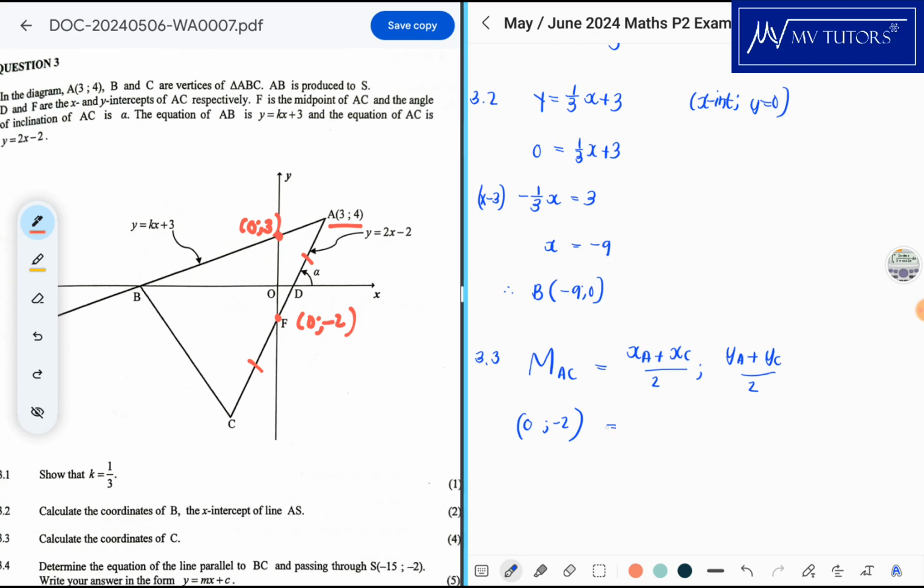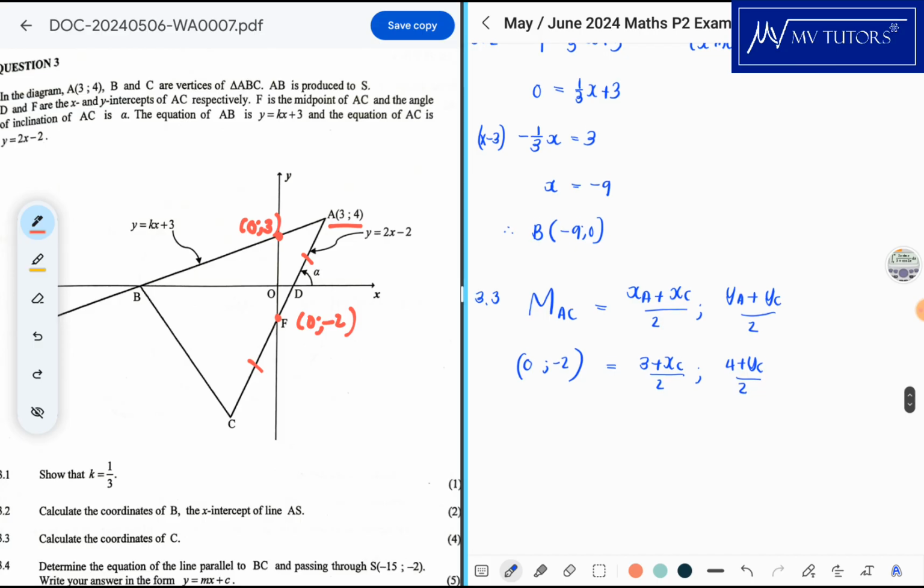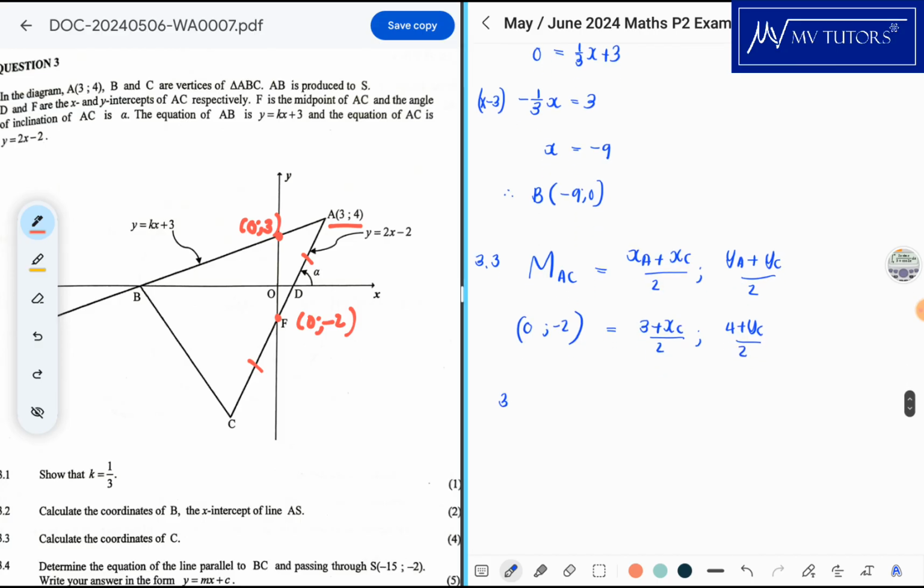Okay, x-coordinate of A is 3. We're looking for C. Y-coordinate of A is 4. We're going to calculate that for C. And then we can say 3 plus the x-coordinate of C over 2 is equal to 0. And 4 plus the y-coordinate of C over 2 is equal to negative 2.